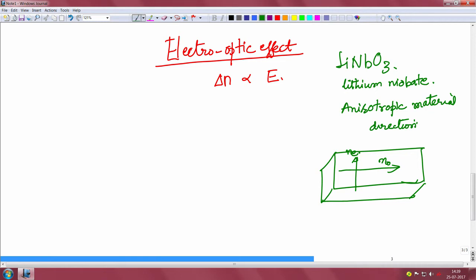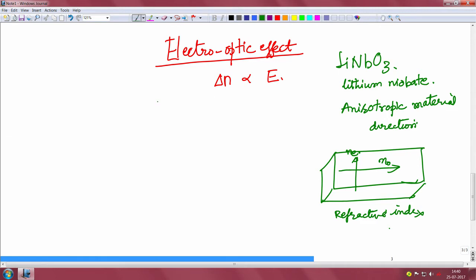In bulk optics, we simply call them N ordinary and N extraordinary, but in the most general case we can say that the refractive index is a tensor. The relationship between the refractive index and the applied electric field can be expressed in the form of a tensor. So, we can express it as follows.